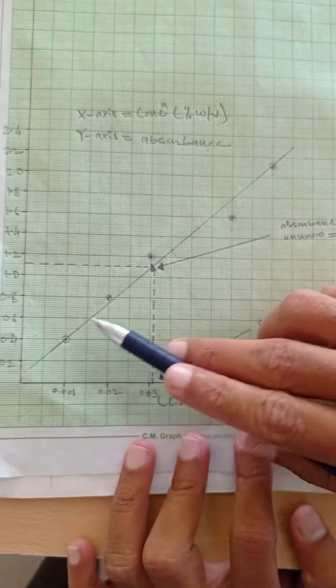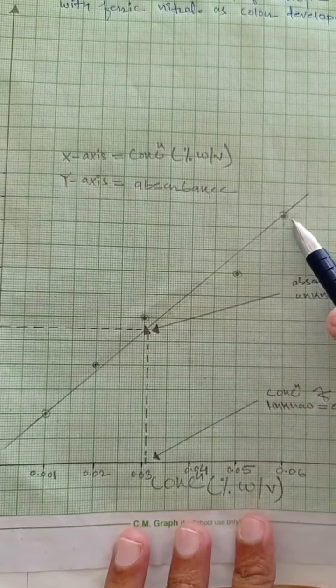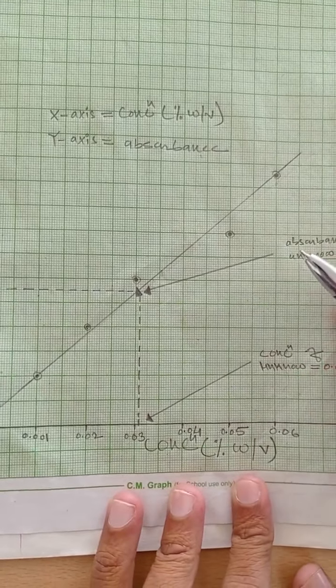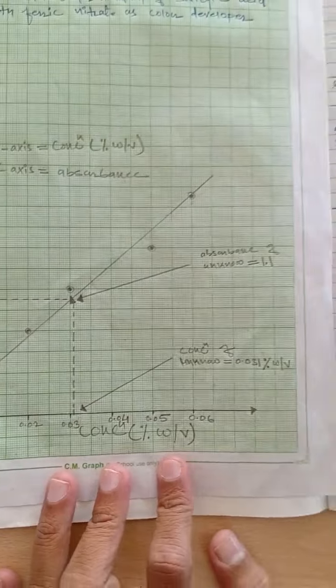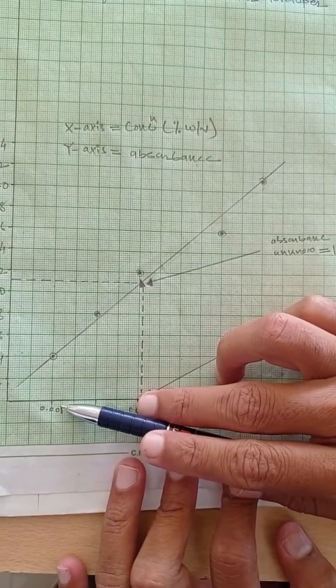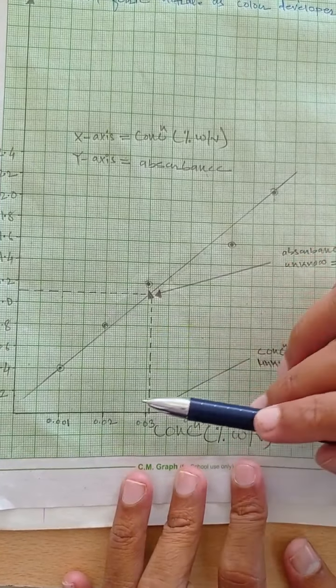These are the points of absorbance of 5 different standard solutions of concentration 0.001% weight by volume, 0.002%, then 0.004, 0.005, 0.006% weight by volume.